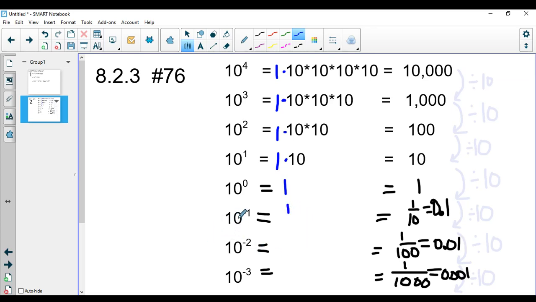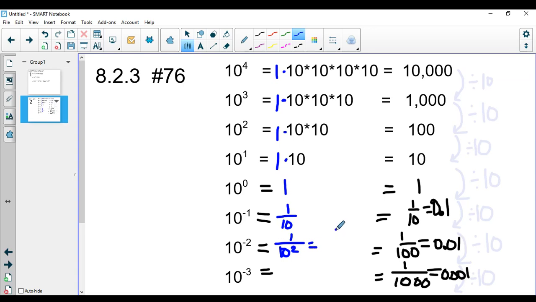Now we have 10 to the negative 1, and if we look over here, we see that that's worth 1/10. Basically, it's 10, but instead of multiplying by 1, we've actually done the reciprocal, we've divided by 10. 1 over 100 is the same as 1 over 10 squared.